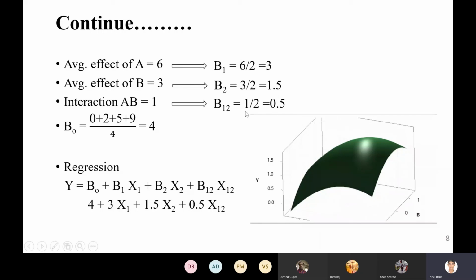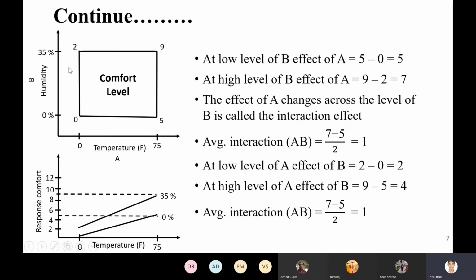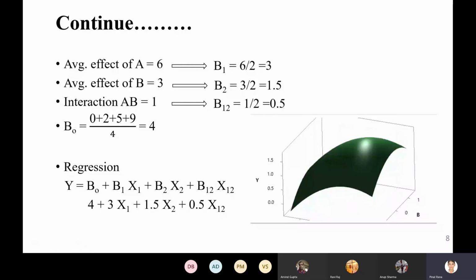B0 is the average of all the response levels 0, 2, 5 and 9, so it is (0 plus 2 plus 5 plus 9) divided by 4, which is 4. If we plug all these values into the equation, the final equation is y equal to 4 plus 3x1 plus 1.5x2 plus 0.5x12.